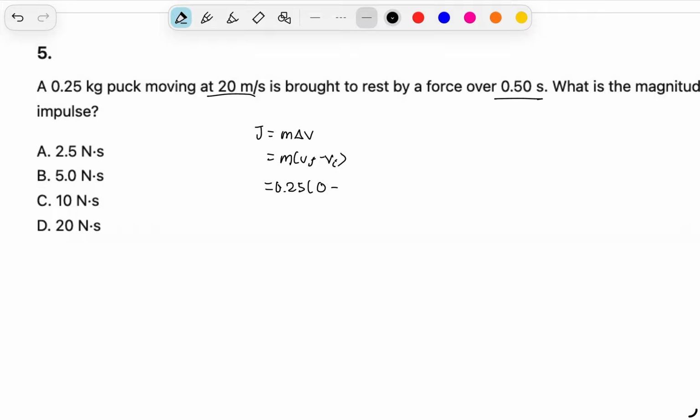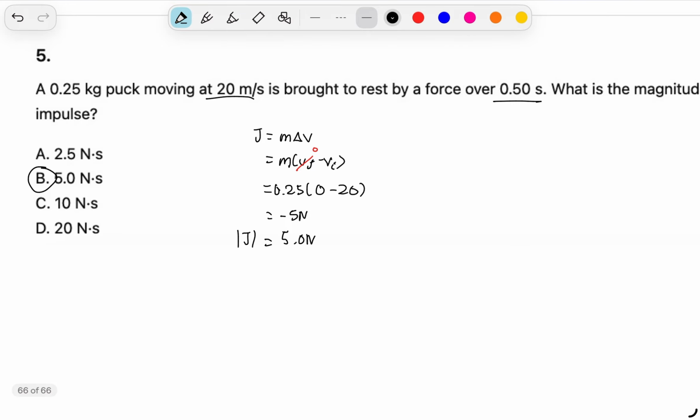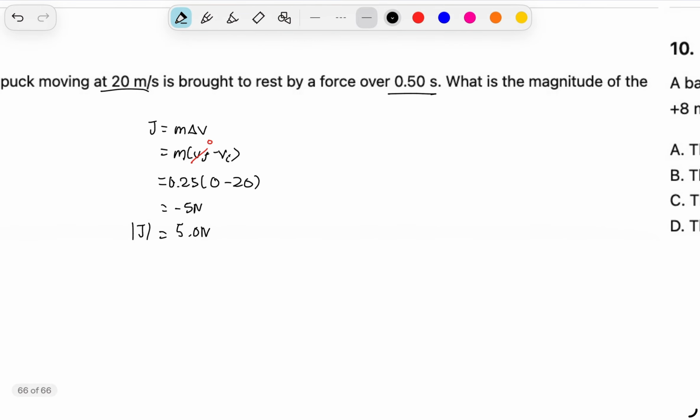Our final is 0, and we subtract our initial, which is 20, and that's going to be negative 5 newtons. But if we want our magnitude, that's 5 newtons times seconds.